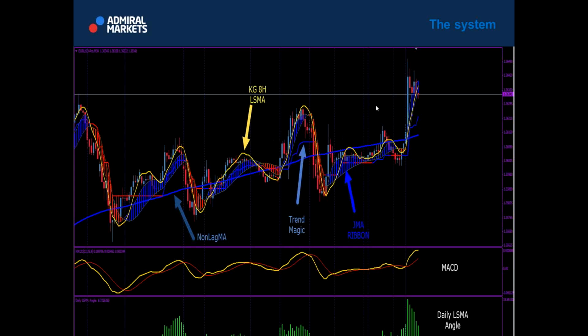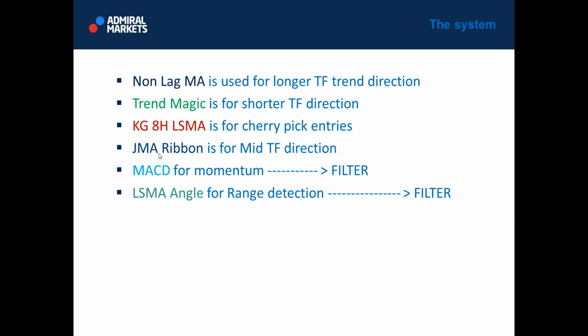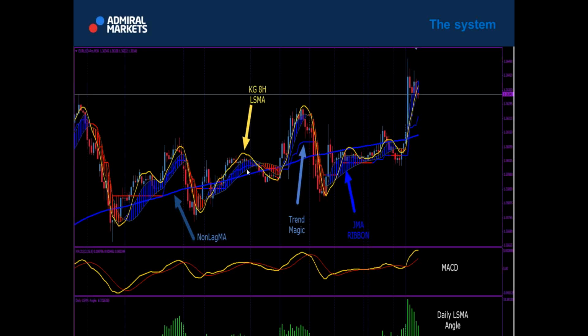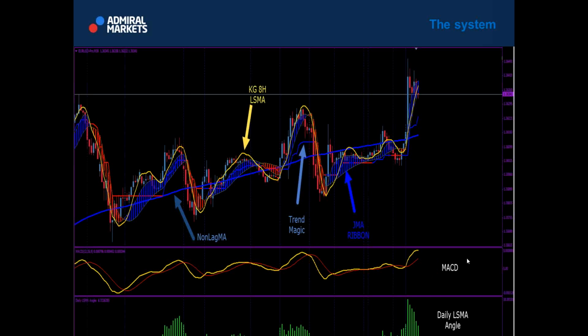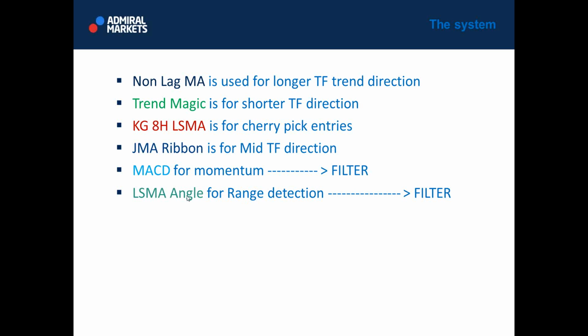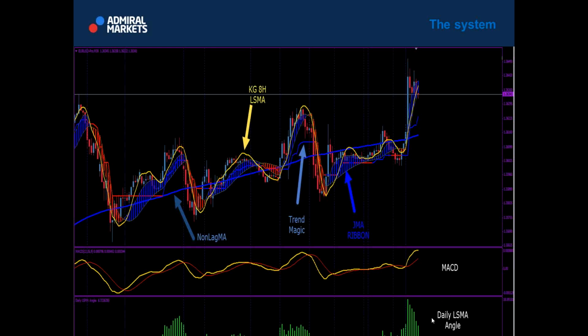You will see the rules later. GMA ribbon is for mid time frame direction. MACD is for momentum. It's a filter. And daily LSMA angle is for range detection. It's a filter, so it detects a range and tells you to avoid the range.